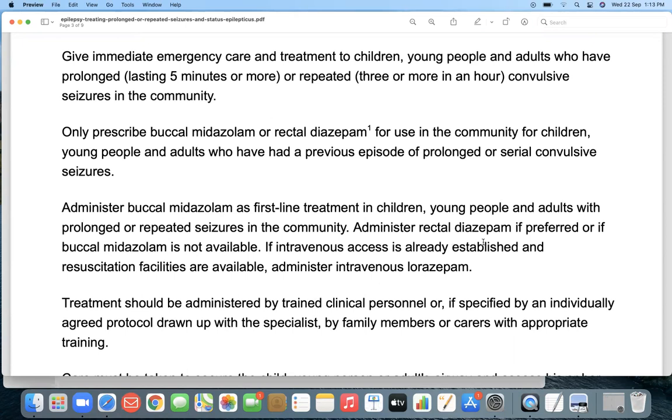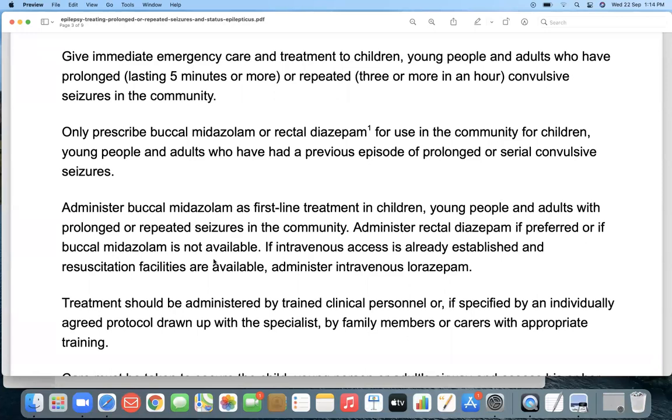Administer rectal diazepam if preferred or if buccal midazolam is not available. So the first option for you will be buccal midazolam. You will go for rectal diazepam only if it is not available, or if it is preferred, he is telling.